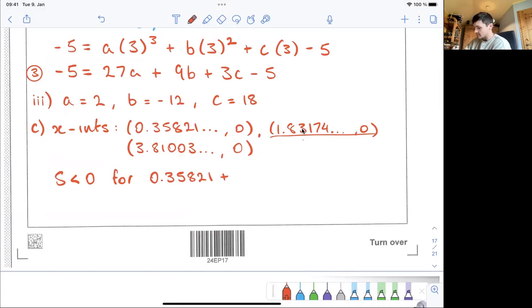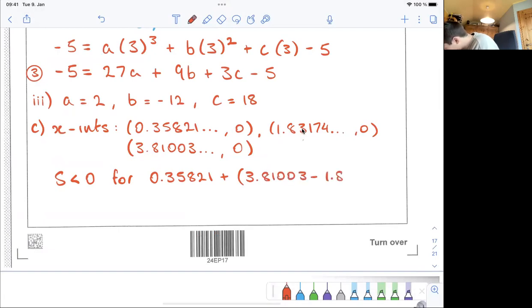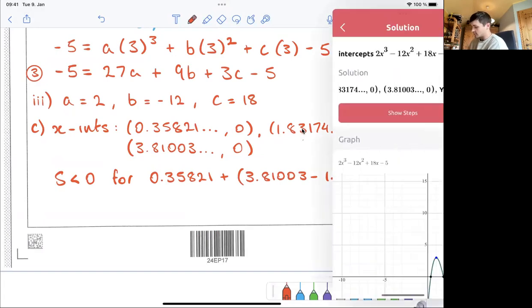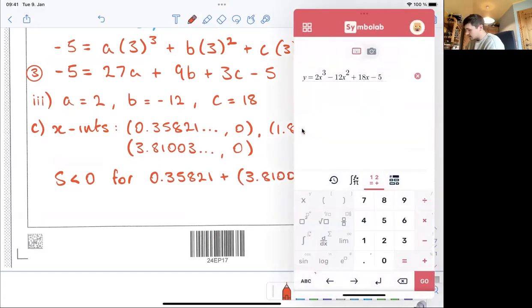All right, and the way we can find that out is go brackets 3.81003 subtract 1.83174.